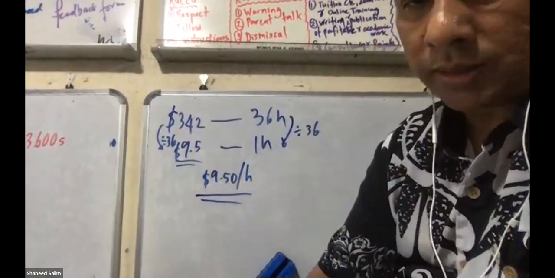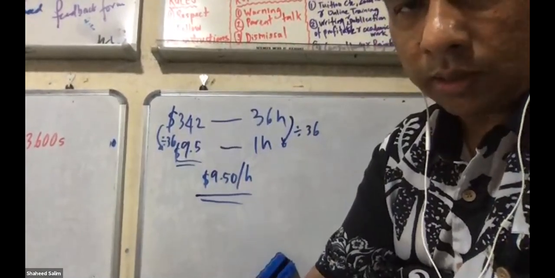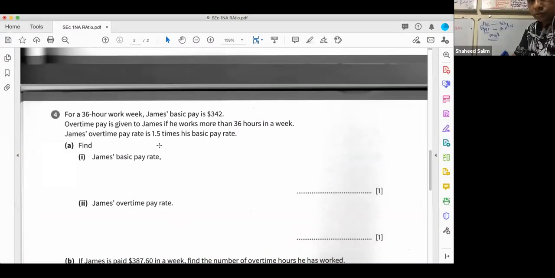Let us look at what the question is saying now. This is basic pay, $9.50 per hour. Now, overtime pay is 1.5 times the basic rate. So how much is it?